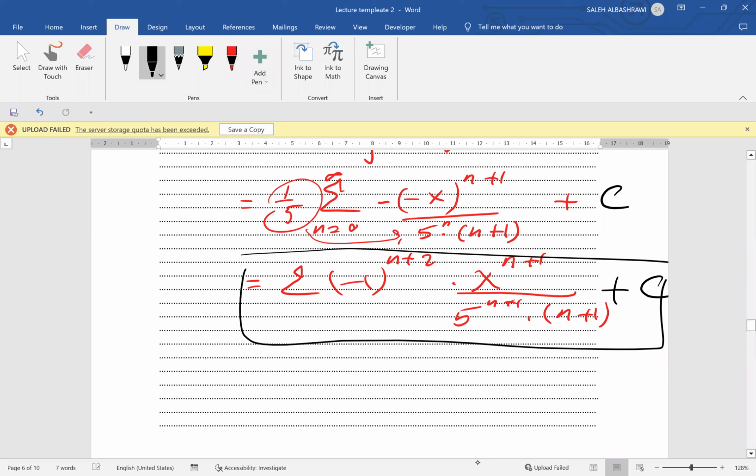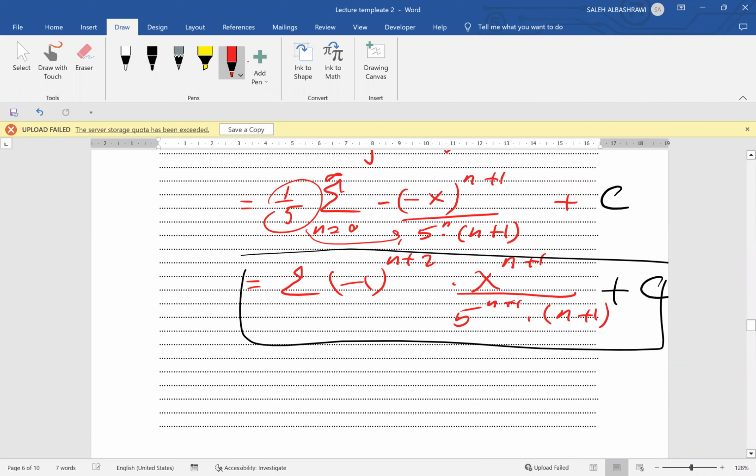So this is a power series representation, again where n starts from 0 to infinity. And to find the radius of convergence, we can apply the ratio test to find r. We need to find r for this one. Just apply the ratio test. Or maybe another way.